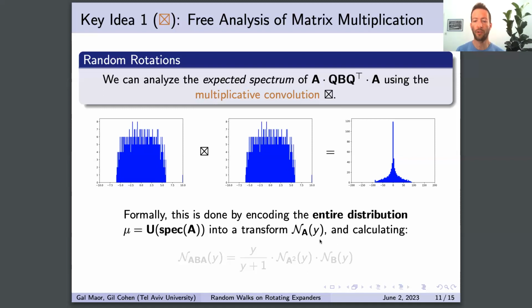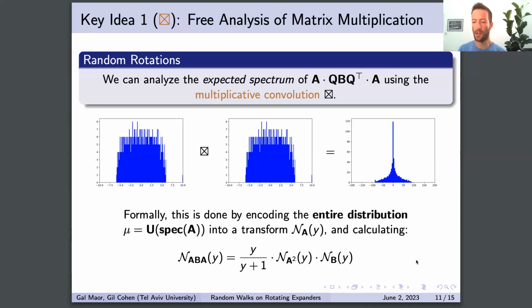In the free scenario, it turns out that the N transform is rather useful. And after this encoding of the distribution into the transform, we are able to calculate the N transform of the product of matrices using the N transform of the matrices I started with.